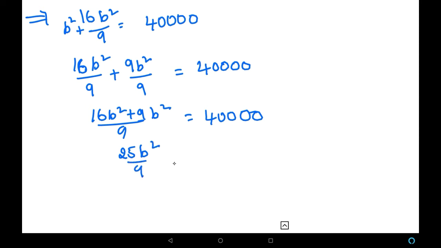So 25B square by 9 is equal to 40,000. We have obtained this equation.